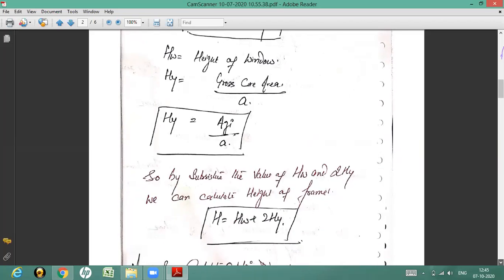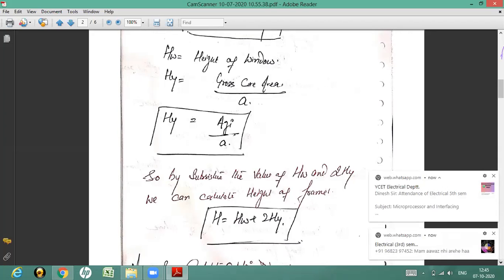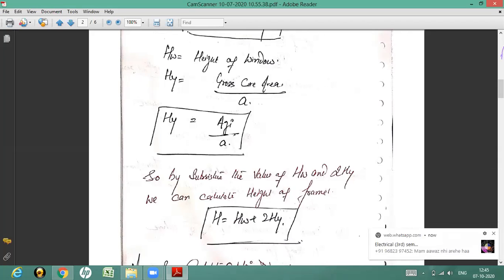As I had already told you, in frame design we have to calculate only two important things. Number one is the length of the frame, that is W, and second is the height of the frame, that is H. So easily you can calculate the length of the frame as well as the height of the frame.